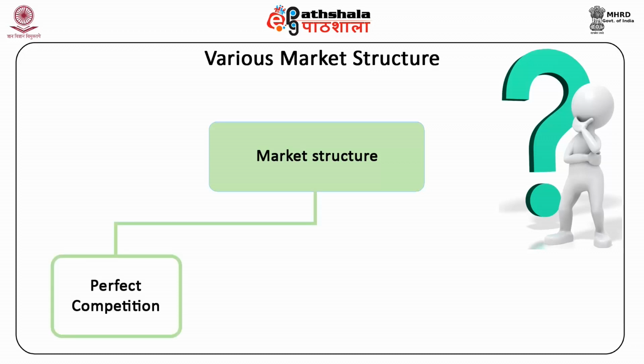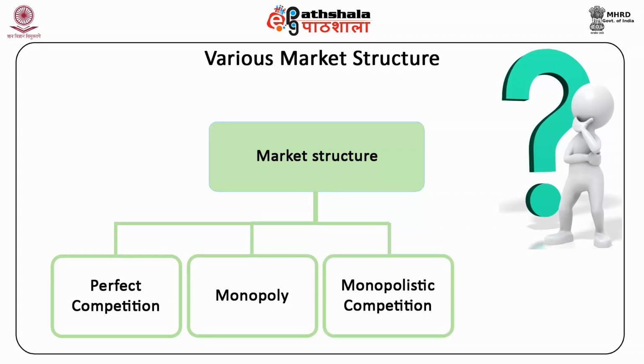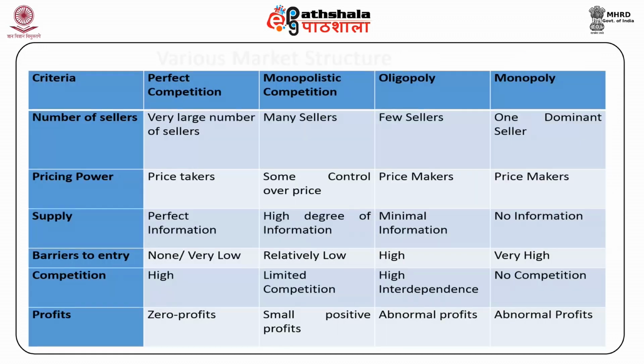On the basis of competition, market structures can be classified in the following ways. First, perfect competition. Second, monopoly. Third, monopolistic competition. And fourth, oligopoly. The following table presents and compares the characteristics of each of the market forms on the basis of various criteria. From the table, we find that differences in market structure arise due to differences in the number of sellers, pricing power, barriers to entry, profits, and competition policies of a firm.